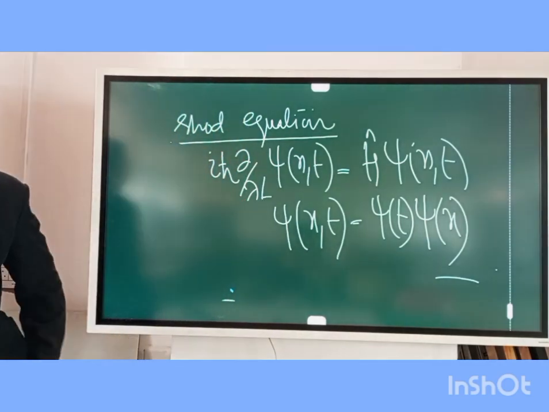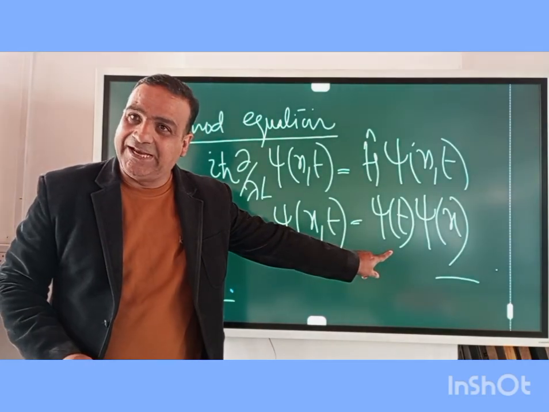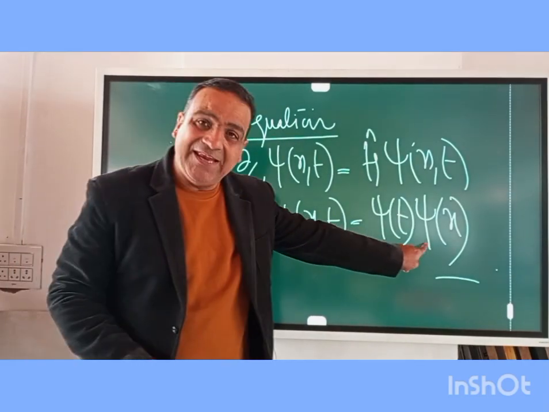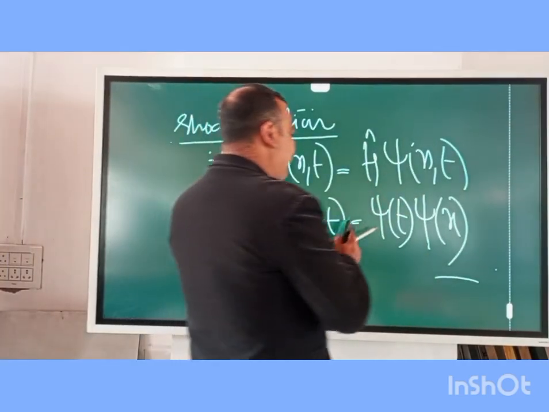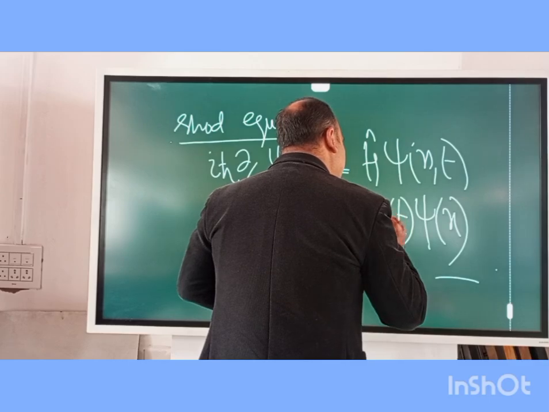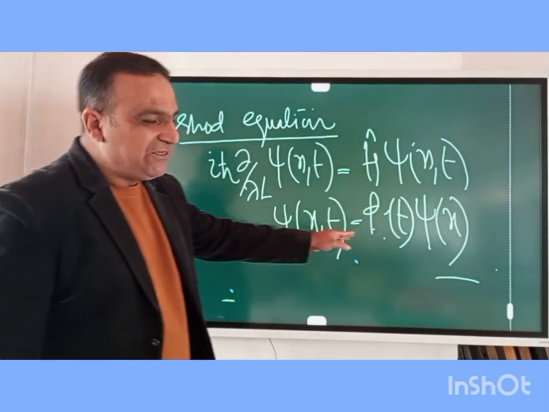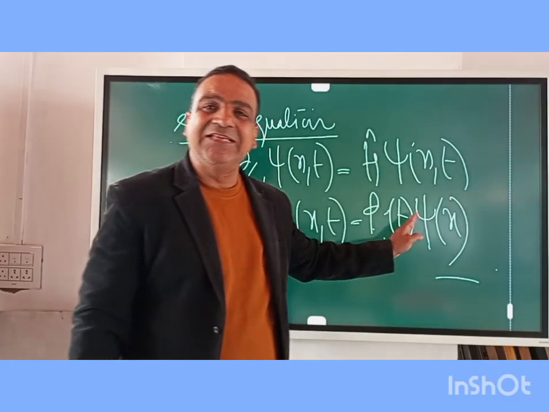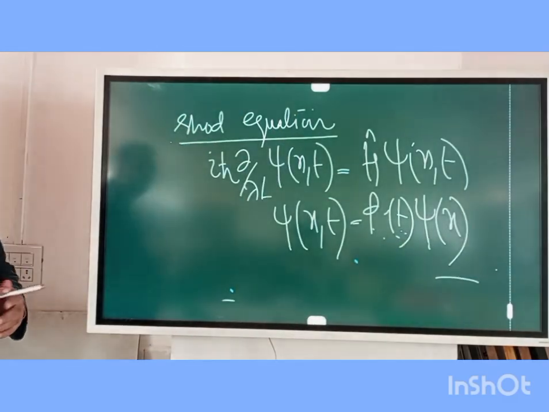Where this is exclusively dependent on time and this psi is exclusively dependent on x. Better to change the notation. Let's use phi here. So phi is dependent on t and psi is dependent on x exclusively.